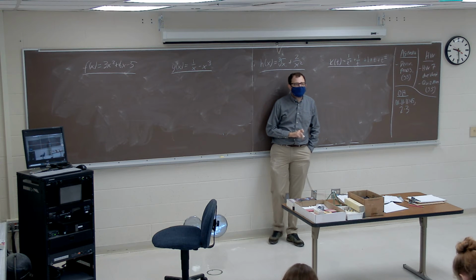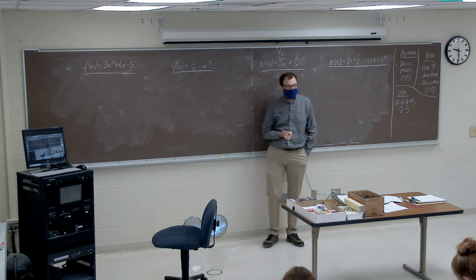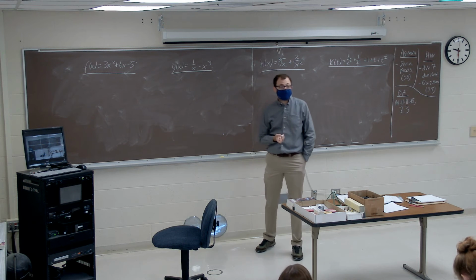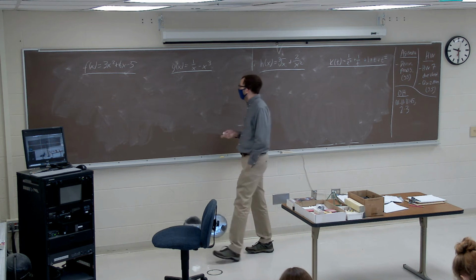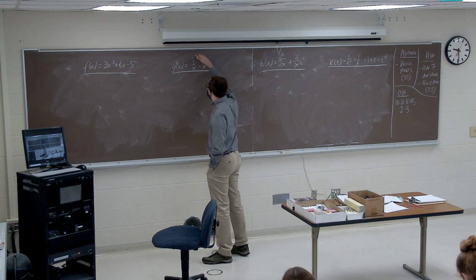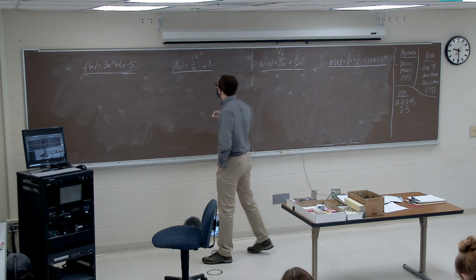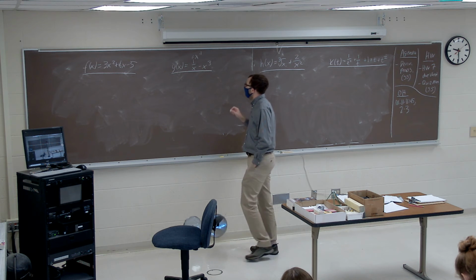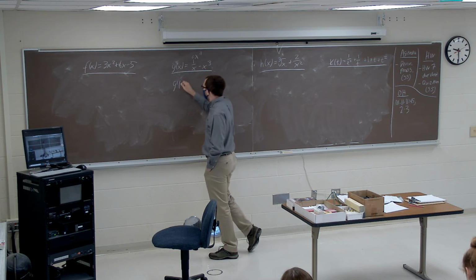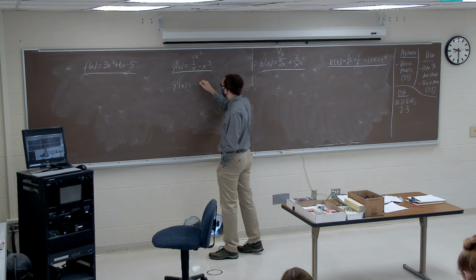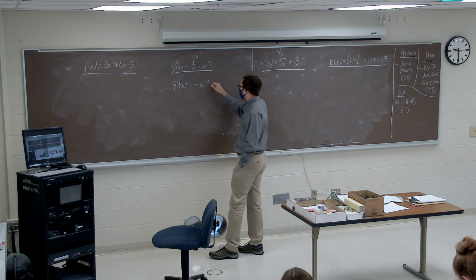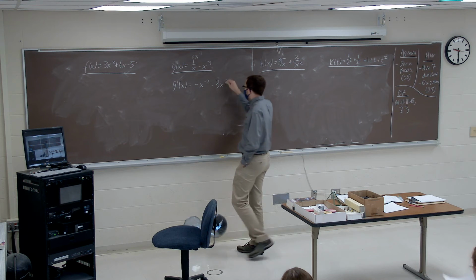So how do we differentiate that using what you all have discovered? Riley? So we wrote 1 over x as x to the negative 1, and then just used the power rule on both. So then I got negative x to the negative 2 minus 3x squared. Like that?